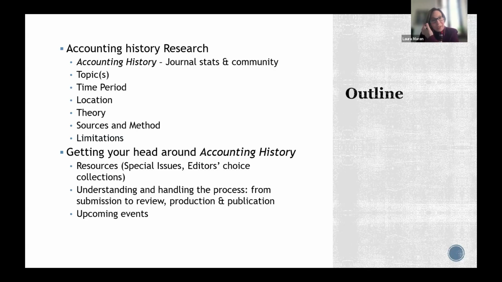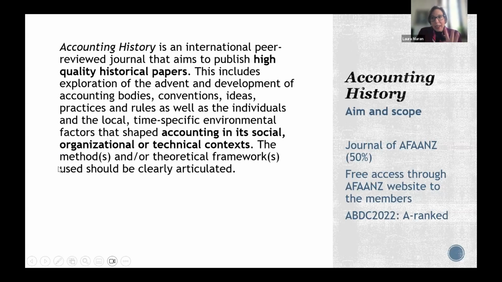The second part of this presentation will be about getting our heads around accounting history and the process of publishing in the Accounting History journal. As I said, publishing for a specific journal within a discipline like accounting history means knowing at least the aim and scope of the journal.